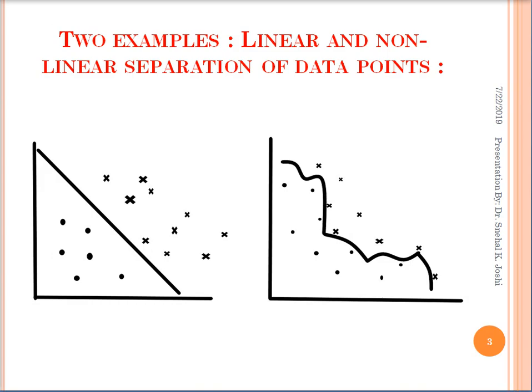Consider the next example. In this particular example, the data points are mixed. They cannot be separated linearly. So, we choose to use a higher order polynomial which results in higher dimensionality, and we use a plane which separates these data points.